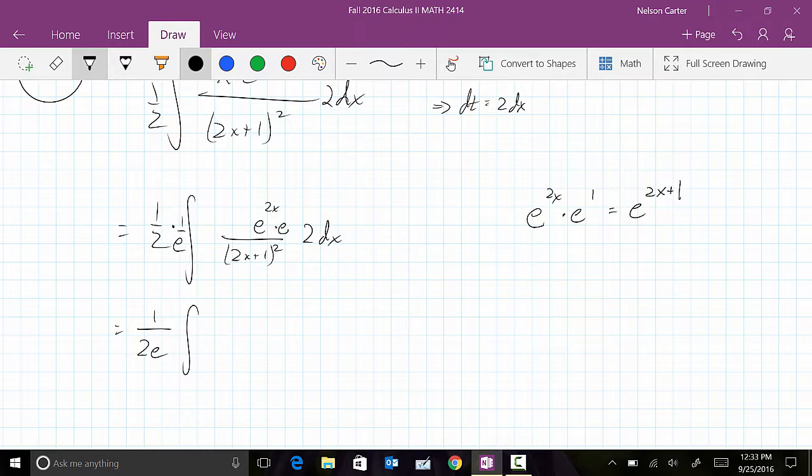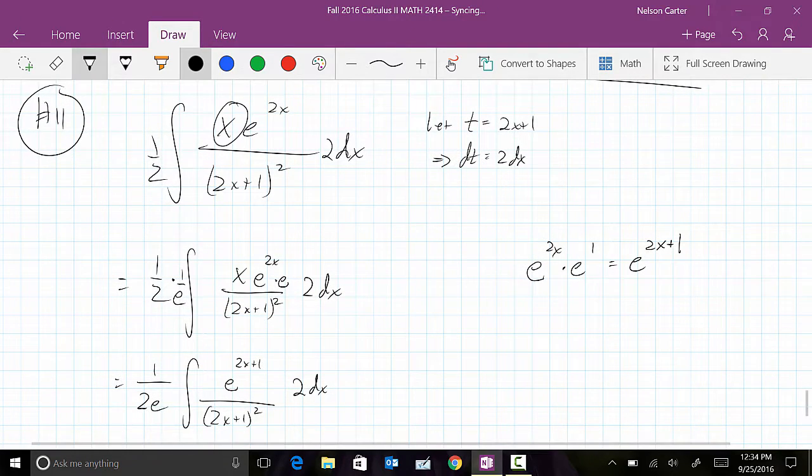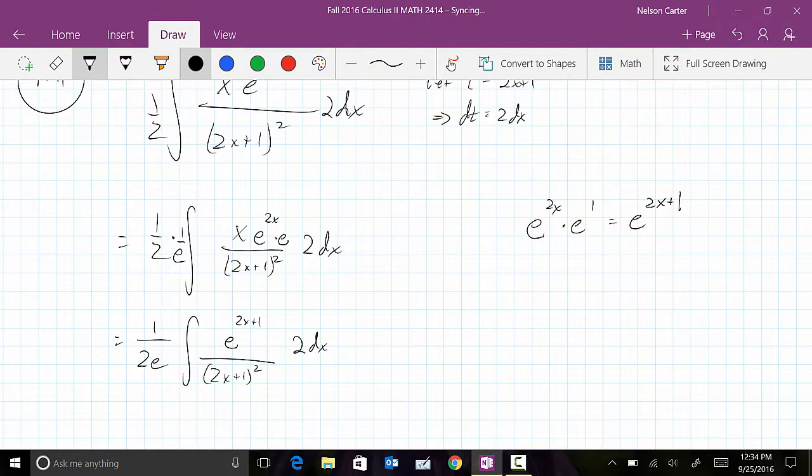Okay, so let's see here. We have now e to the power 2x plus 1, and then we still have a 2 dx over here, and that's all divided by 2x plus 1 all squared. But there was still a problem. There was still an x here, so I still need to put an x there. I need to figure out what that's going to be in terms of t.